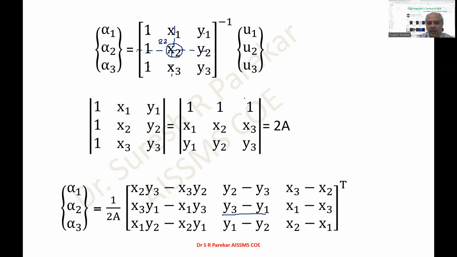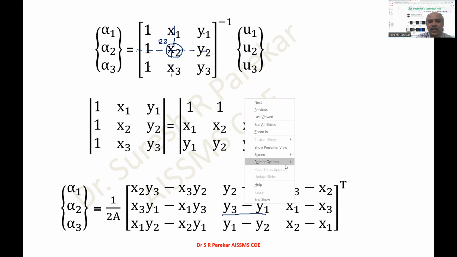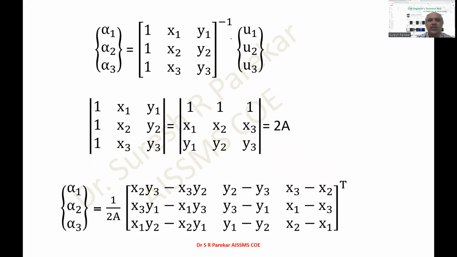Now this even case we have considered, now I will consider one odd. Let us go for y3, which is the third row, but this will be 3 and 2, so 3 plus 2, 5. So I will go with x3. Then the minor is y2 minus y1.